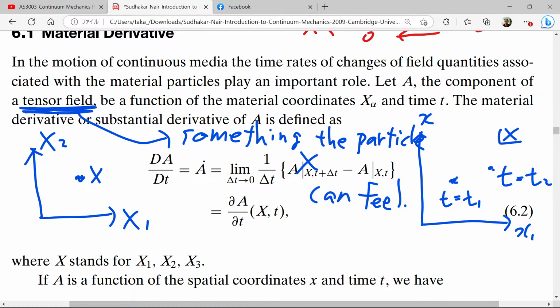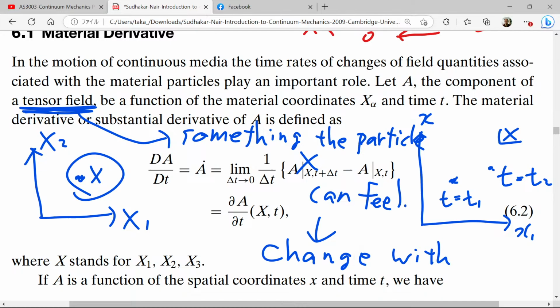I think this field is something the particle can feel. Okay, so we are talking about particle X. So the something the particle X can feel changes with time. Am I correct?